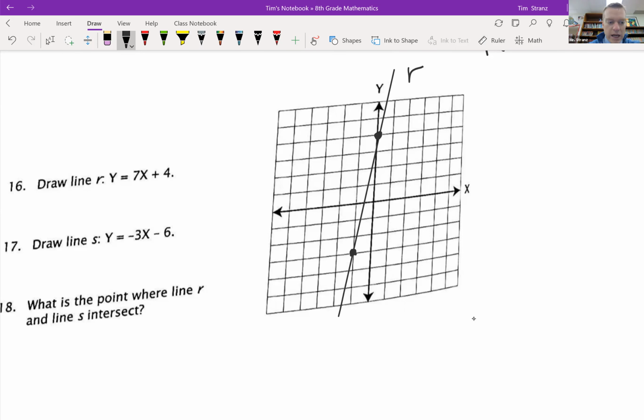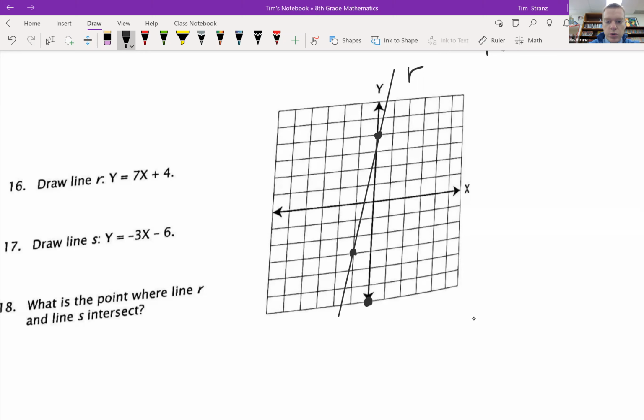All right, then we're going to do line S, which is y equals negative 3x minus 6. So negative 6 is my y-intercept. 1, 2, 3, 4, 5, 6, all the way down here. And down 3 over 1. So again, I'm going to use the trick I did on my last problem and actually go up 3 the opposite way of 1. So I'm going to go 1, 2, 3 over.